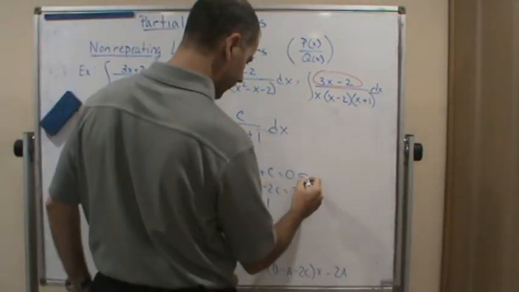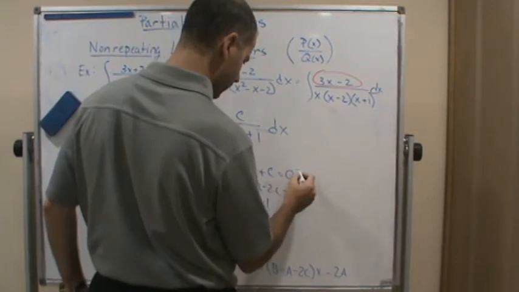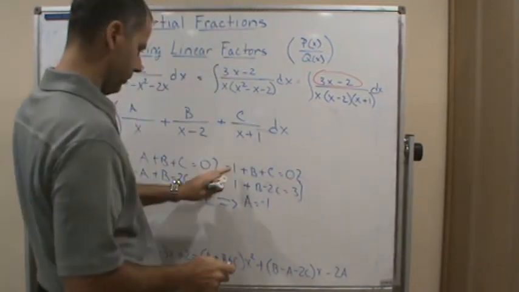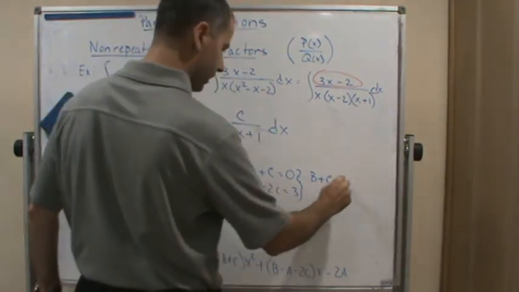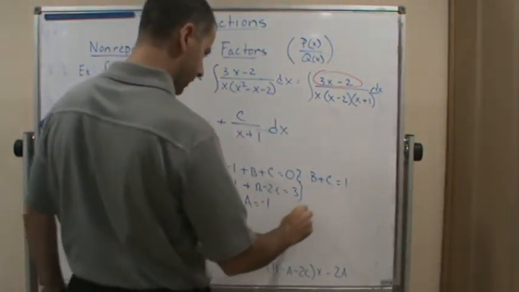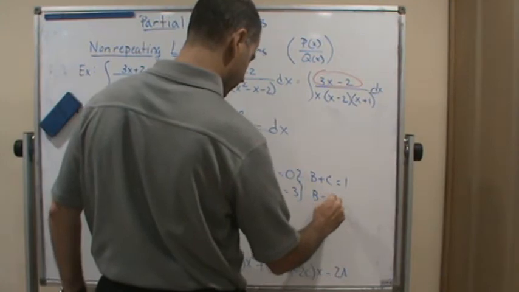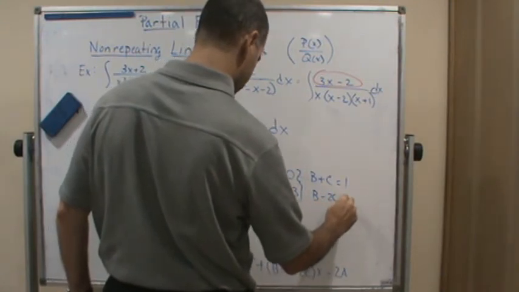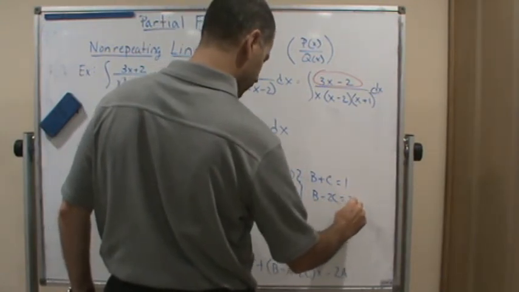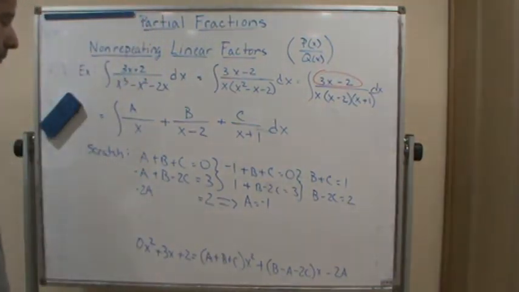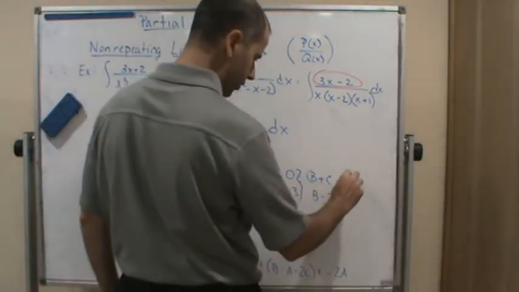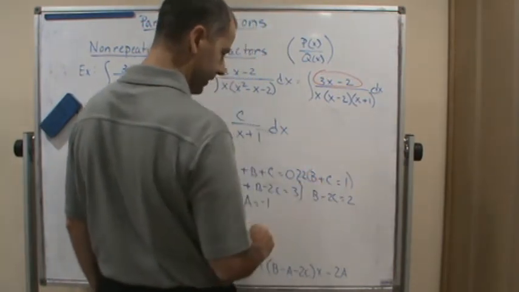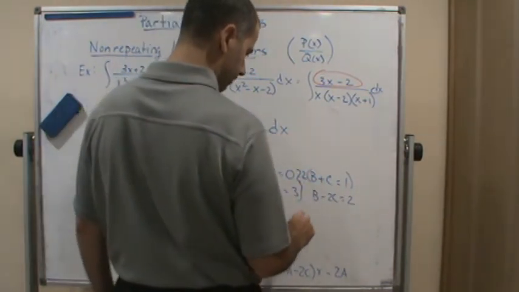And so now what do I get? I get b plus c equals 1, and I get b minus 2c equals 2. And so now if I multiply the top by 2 and then add these, what do I get?